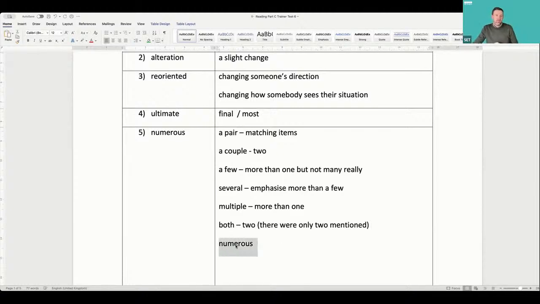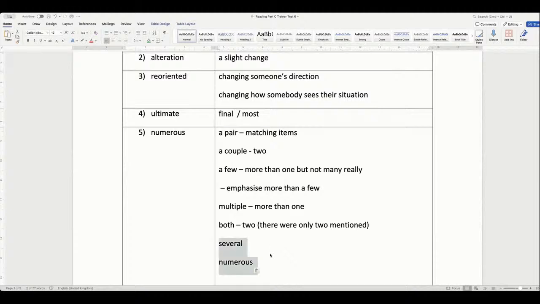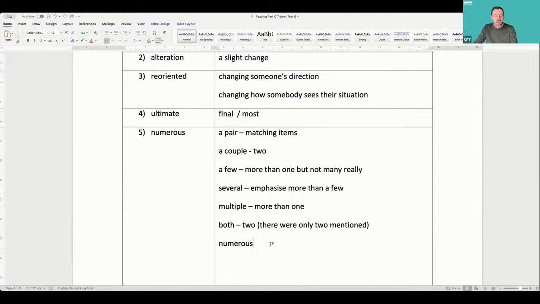And numerous is like a sister to several. The reason you're saying numerous is because you're trying to emphasize how many, that there's a lot. Now, it depends on the context, but numerous never means 100.